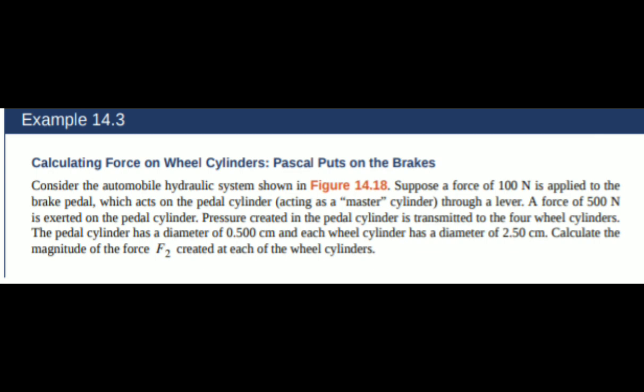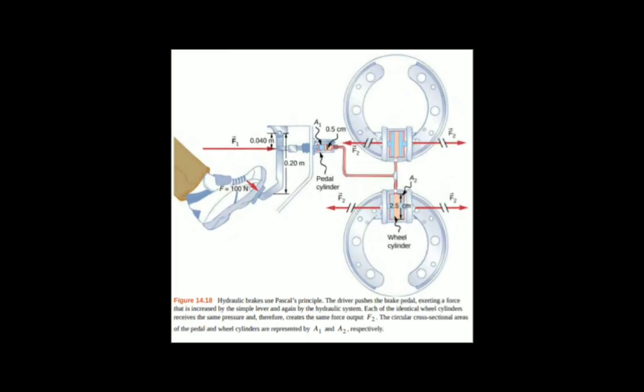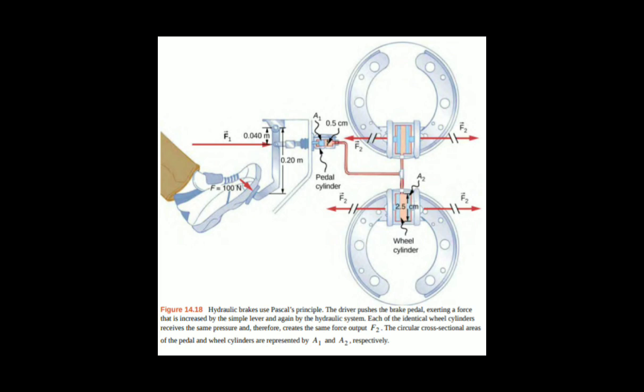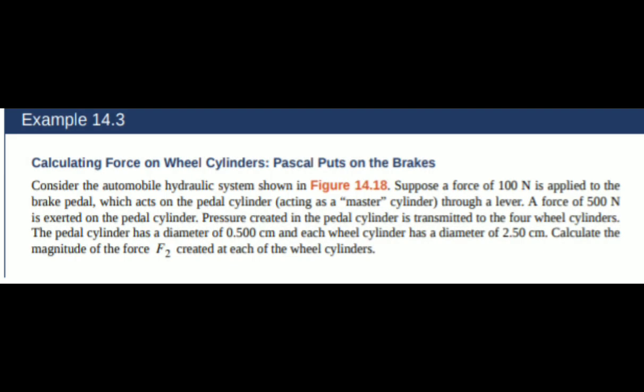Example 14.3. Calculating force on wheel cylinders. Pascal puts on the brakes. Consider the automobile hydraulic system shown in figure 14.18. Suppose a force of 100 newtons is applied to the brake pedal, which acts on the pedal cylinder, acting as a master cylinder, through a lever. A force of 500 newtons is exerted on the pedal cylinder.